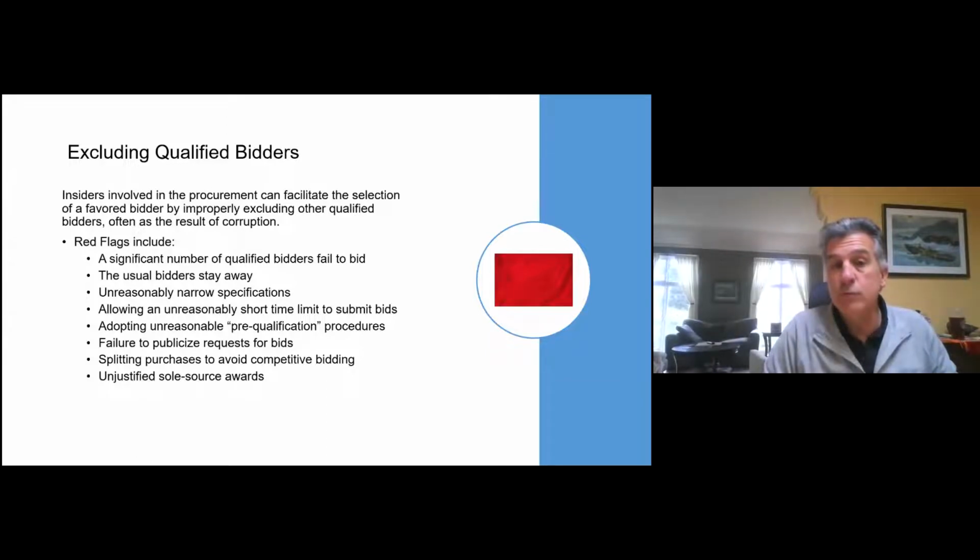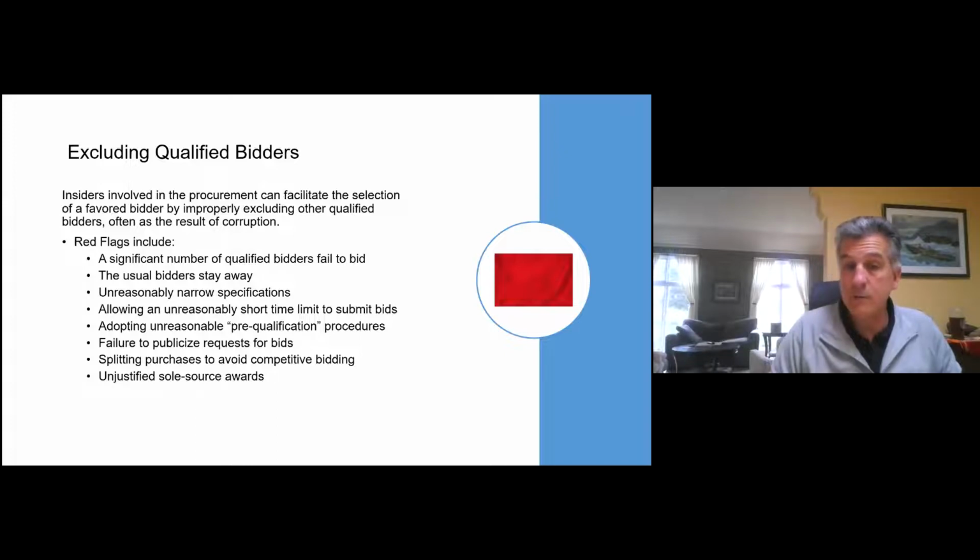Adopting unreasonable pre-qualification standards and procedures. Failure to publicize the request, UCSF's request for bids. Splitting purchases to avoid competitive bidding, and we'll talk about that more. And another thing we'll talk about more, which is another red flag, is the unjustified sole source awarding.